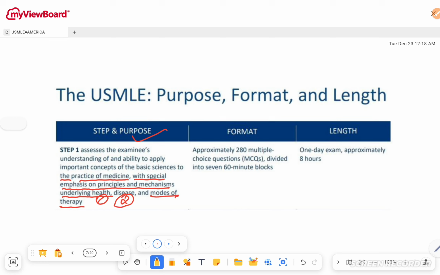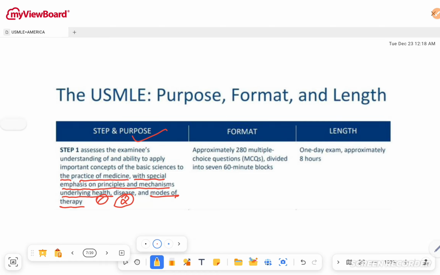All these three things mean a lot. For health, what do we study? For disease, which subject do we study? And for modes of therapy, what do we study? See, this purpose tells in itself the syllabus, which we will discuss in detail later.